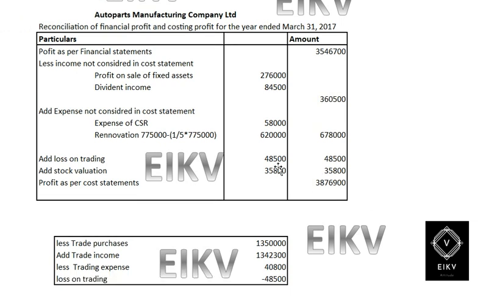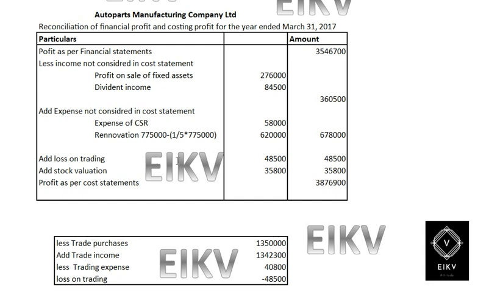Okay, so guys, I will explain it once more. At first we need to take the profit of the financial statement, which is 35,46,700. Then we need to deduct all incomes which have been received in profit and loss account but not considered in cost statement, as well as we need to add expenses which do not form part of cost statement and which form part of financial statement.